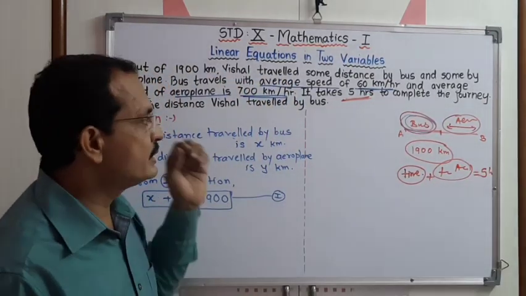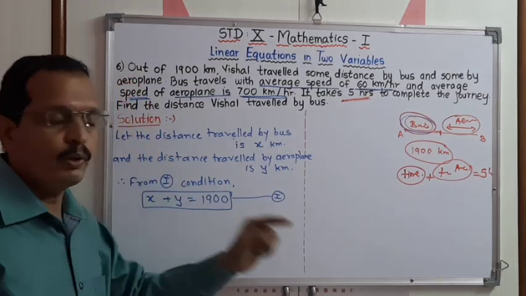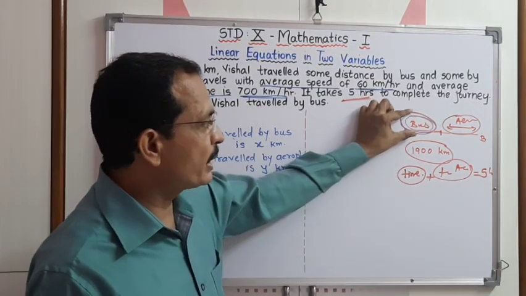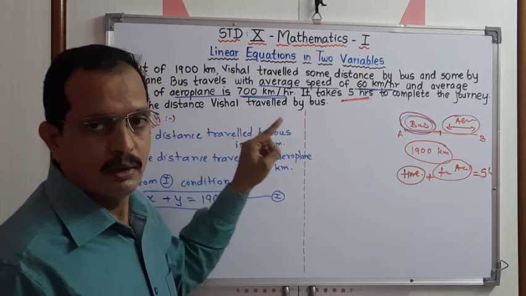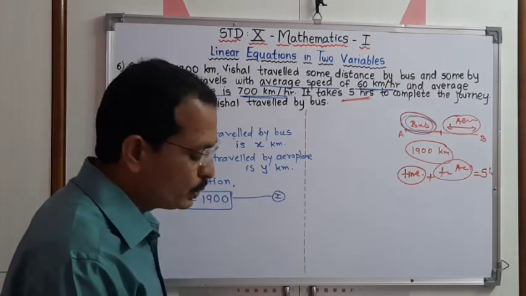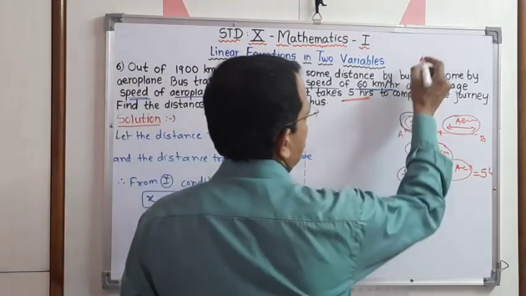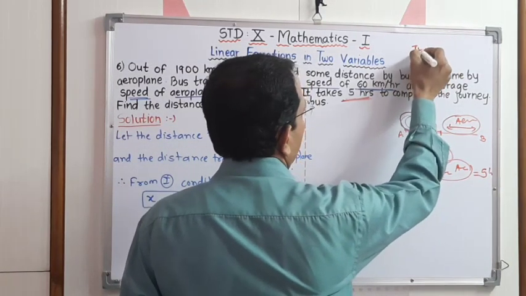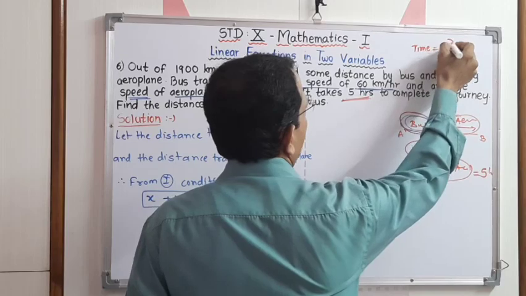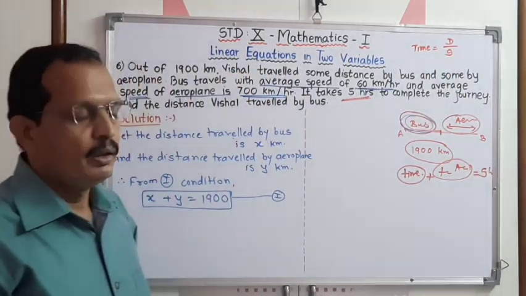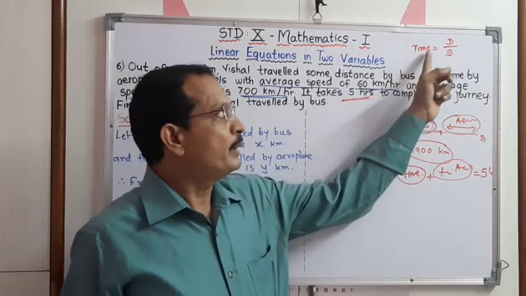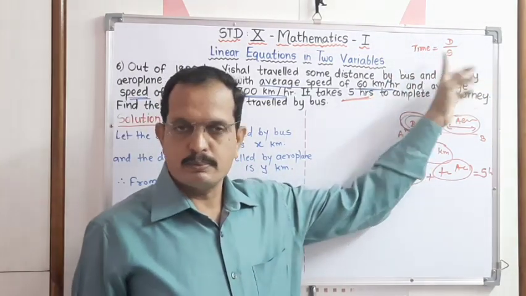Now first of all we have to find the time taken by the bus to travel x kilometer. Dear student, you know the formula, time is equal to distance upon speed.